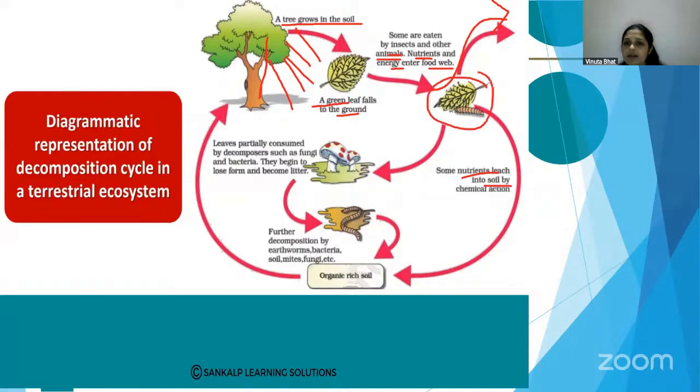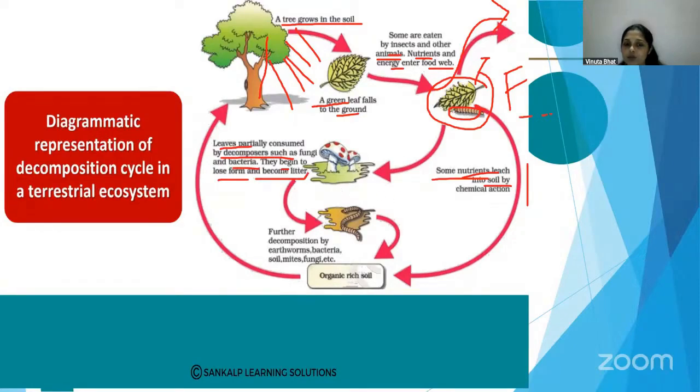Here is the fragmentation process: earthworms break down the leaves into smaller fragments. Then leaching: some simple available nutrients leach into the soil by chemical action. Leaves partially consumed by decomposers such as fungi and bacteria begin to lose form and become litter.